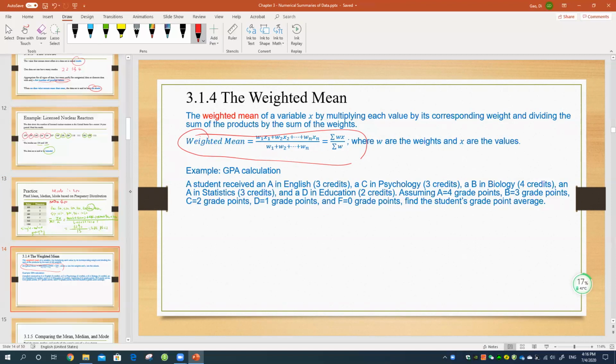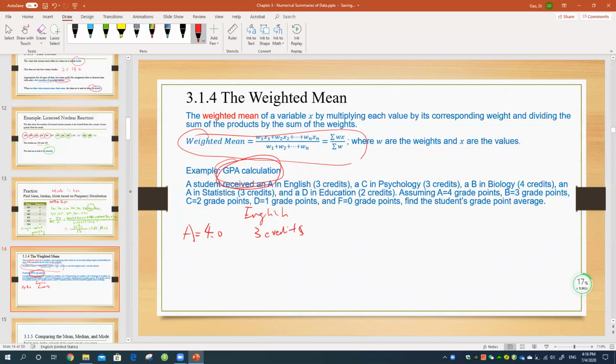Now let's look at GPA calculation. The weighted mean is very useful, and GPA is one of the typical examples of weighted mean. Let's look at this problem. A student received an A in English. An A means the student received 4 points in English. English is a 3 credit course.